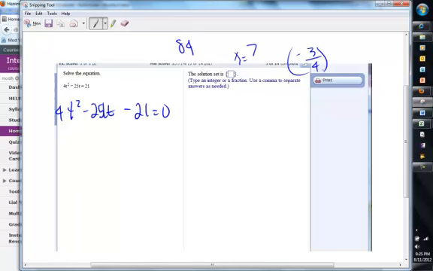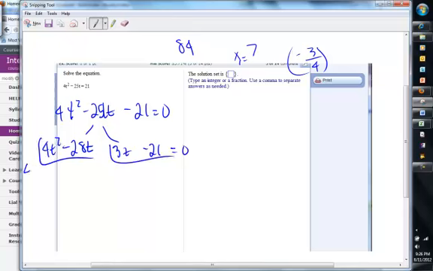Oh, 7 times, how about 28? 84 divided by 28, negative 28t, and 84 divided by 28 is 3. 3t minus 21 is 0. 4t squared, yep, there we go.